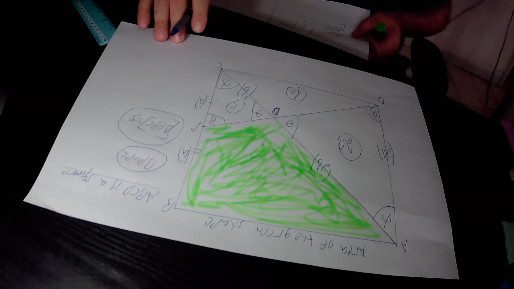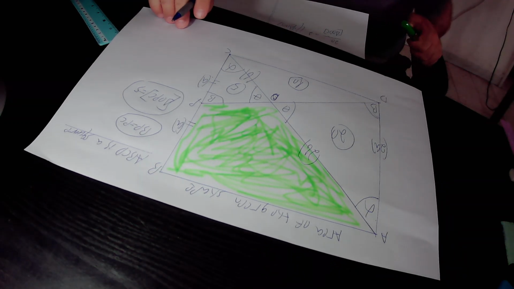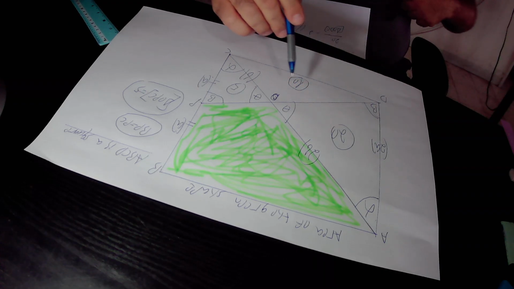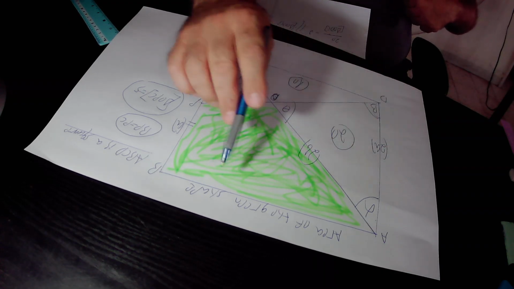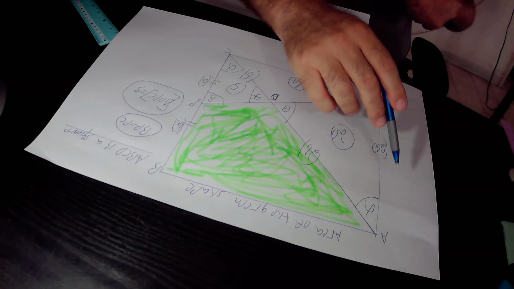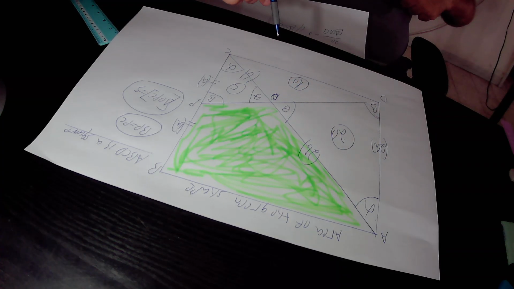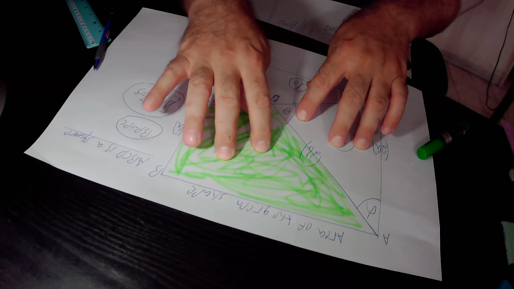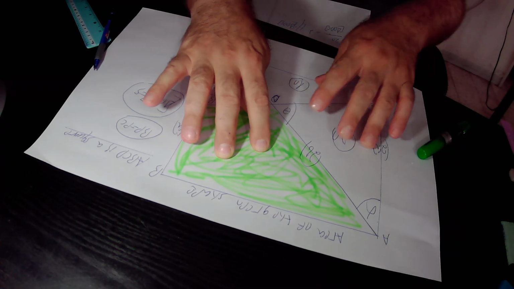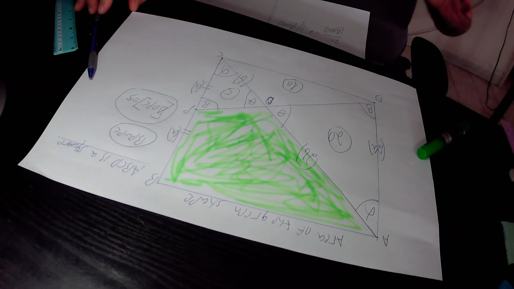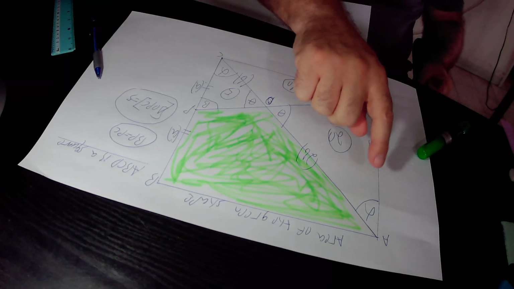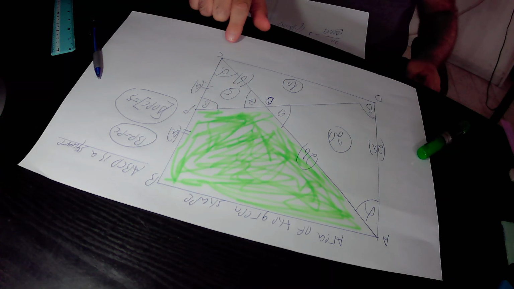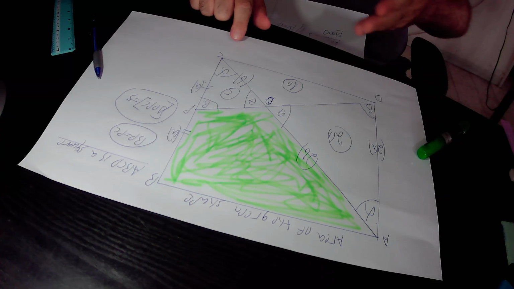It is very easy to see from the drawing that the right triangle ABC and the right triangle ADC can go into each other according to the side rule. That is to say, side AB of triangle ABC is equal to side DC of triangle ADC, because ABCD is a square.